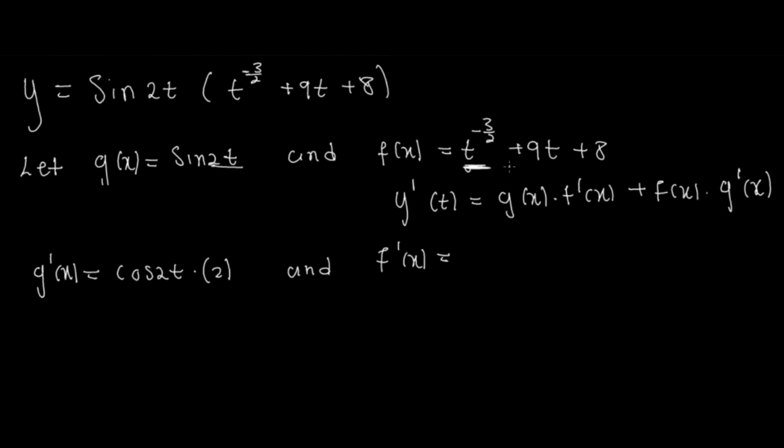So it's going to be 3 over 2 t to the power 3 over 2 minus 1, plus the derivative of 9t, which is just 9. And the derivative of 8 is 0. So now let's write this well. 3 over 2 minus 1 is equal to 3 over 2 minus 2 over 2, which is 1 over 2. So t is to the power 1 over 2, plus 9.